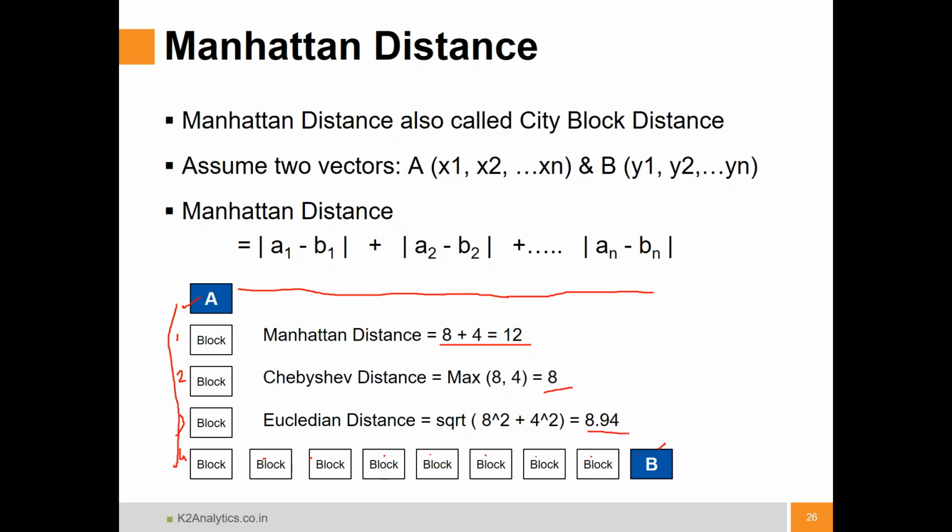Again, I am repeating: wherever customer segmentation, store segmentation, most of the problem statements that we normally face, make use of Euclidean. Wherever we have survey data, rating data, feedback data in rating terms, good, bad, ugly, you go with Chebyshev distance.